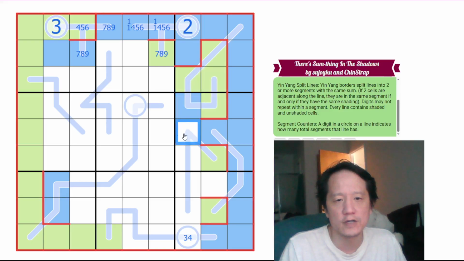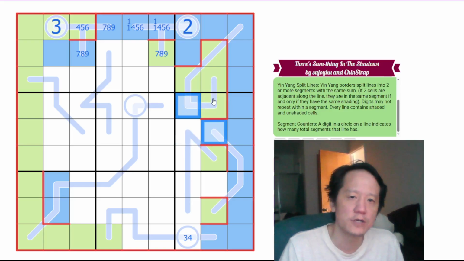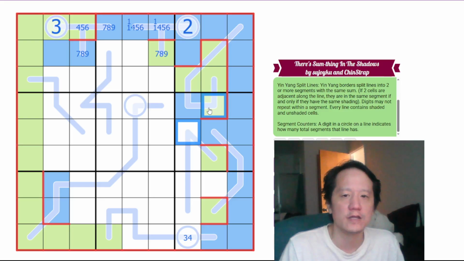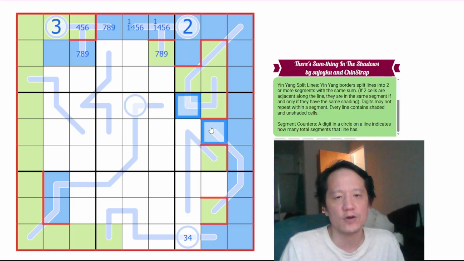Therefore, if you try to have this be green, has a 2 here, a 2 here, it would break the yin-yang rule set. So as a shortcut, I don't remember the term, you have to have 3 of the same digit if you ever have a cross diagonal here. So this must be blue.